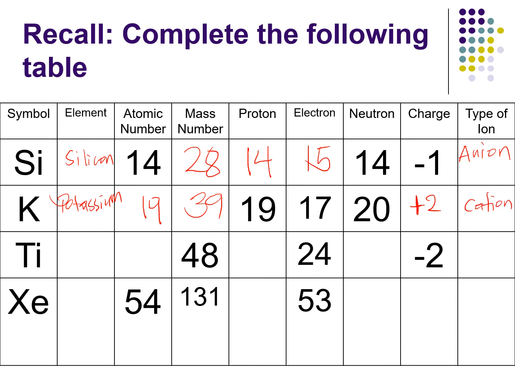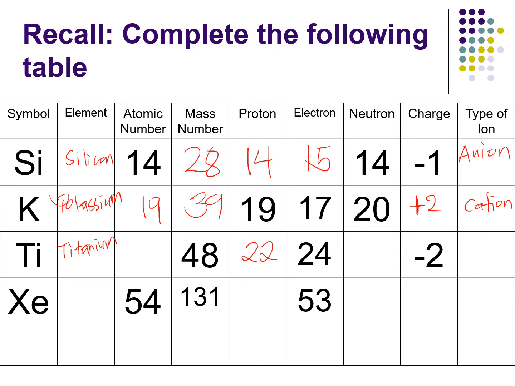Next, we have Ti. So Ti is titanium. Ayan, so we have titanium. For us to determine the number of proton, let's take a look at the electron. So the number of electron is 24 and the charge is -2, meaning that the number of electron is greater by 2 as compared to the proton. So our proton would be 22.